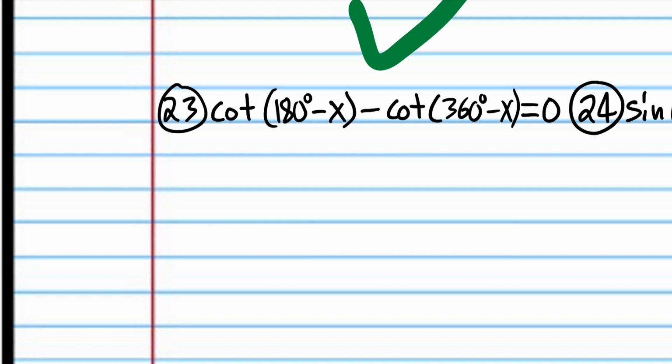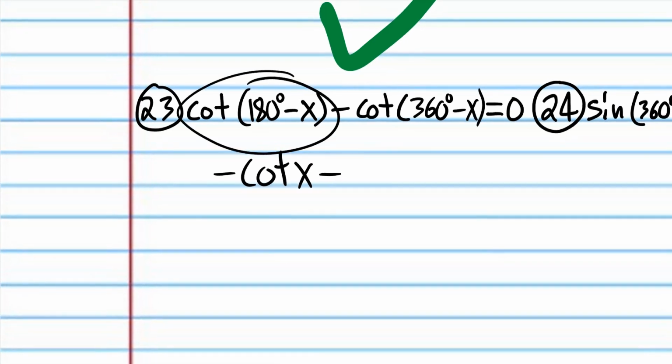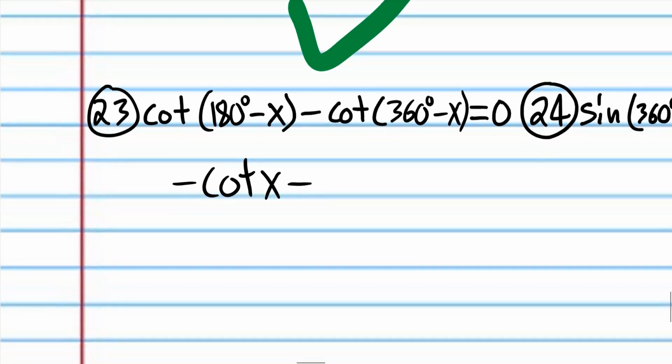So we need to write a negative in front there so that we see that we're modifying this in order for them to be equivalent. And 360 minus x, we're also going to have to modify the sign there. So that's going to be negative cotangent x.